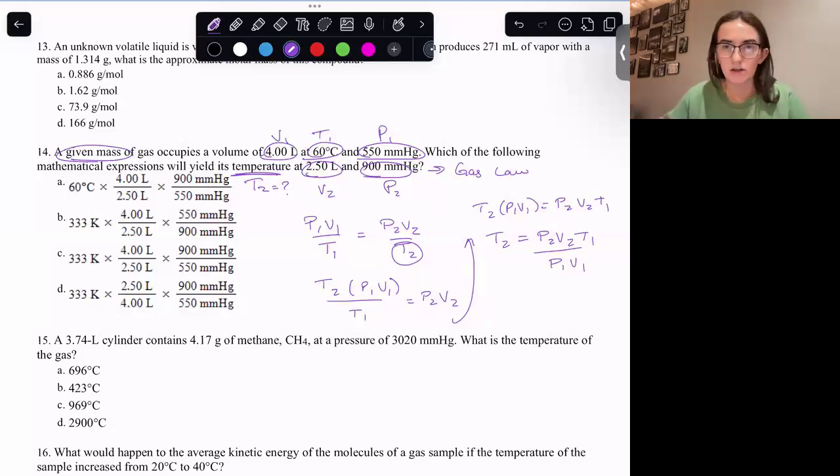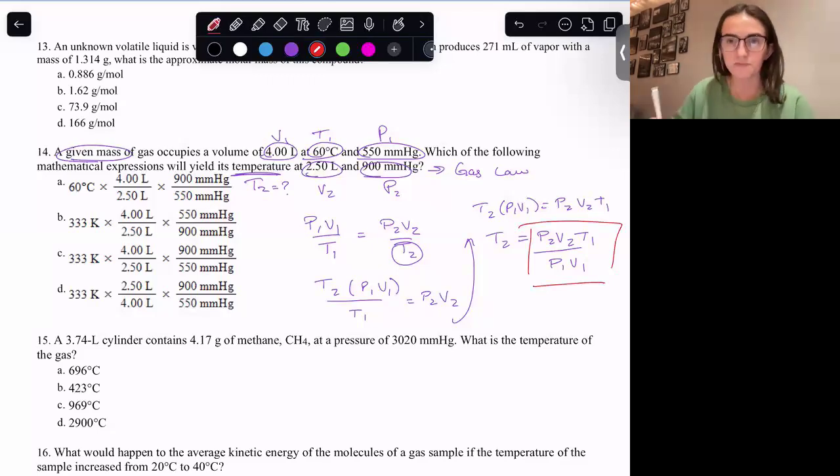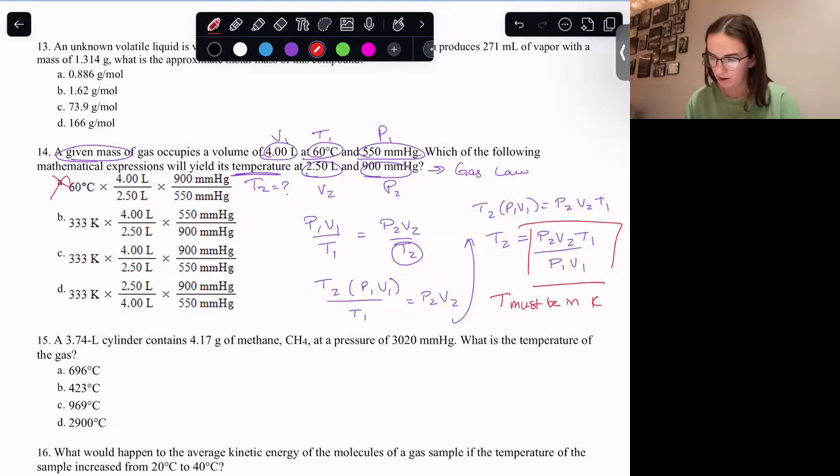So then you're looking at the combinations of the given answer choices for what would yield that, in order to give T2. You have to note that temperature must be in Kelvin, so you can automatically get rid of A because that did not convert to Kelvin, that's still in Celsius.